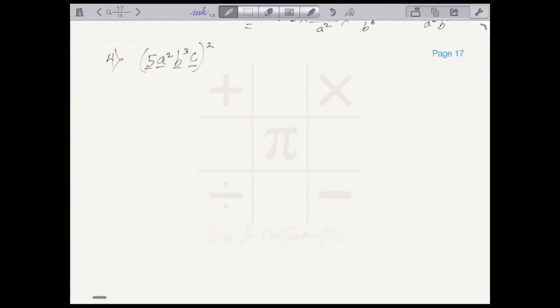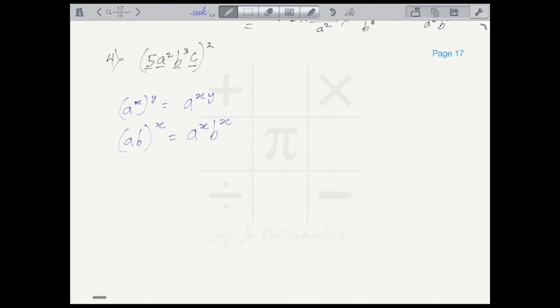We recall again that our product rule says a raised to the power of x, raised to the power of y, is equal to a raised to the power of x times y, and ab raised to the power of x will be equal to a raised to the power of x, b raised to the power of x.